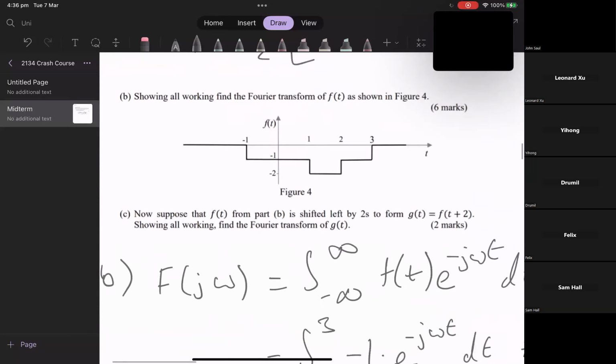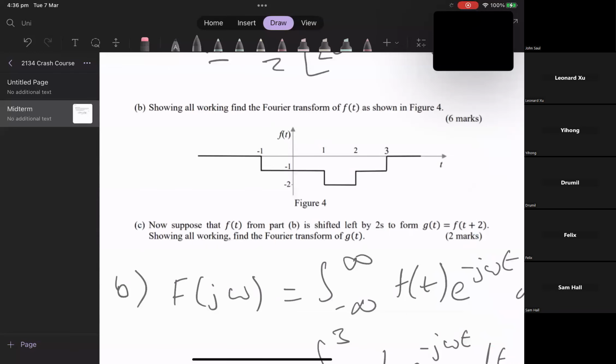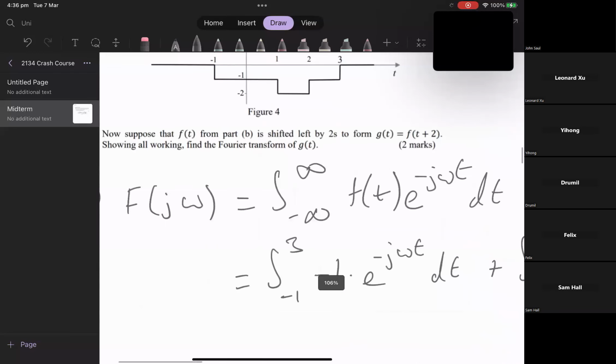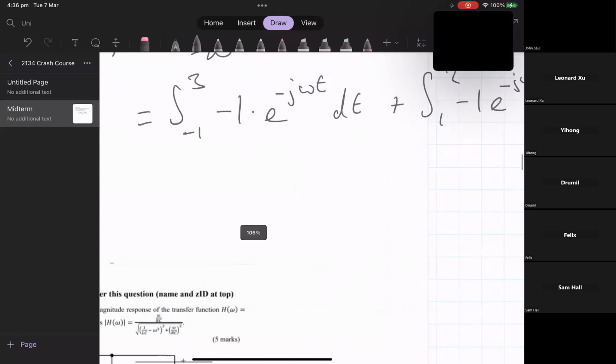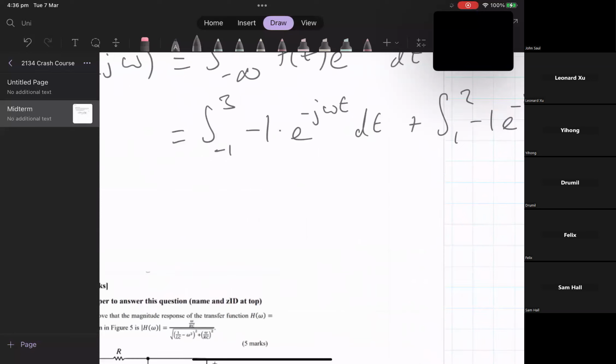You could go from -1 to 1, 1 to 2, and then 2 to 3, but this makes it a lot easier. And then we just apply the same integration steps.